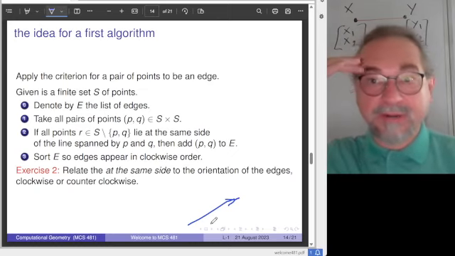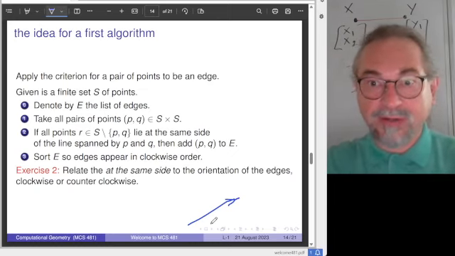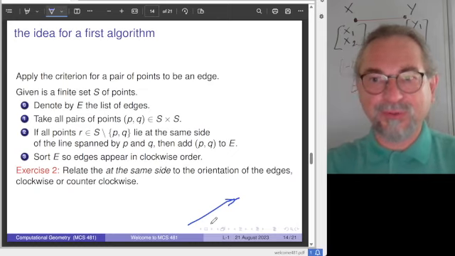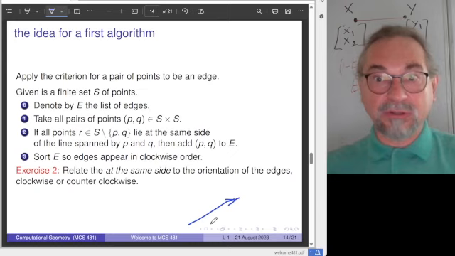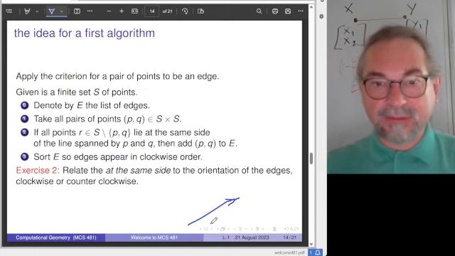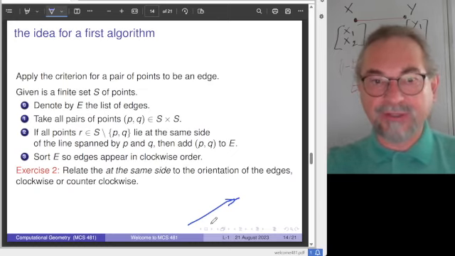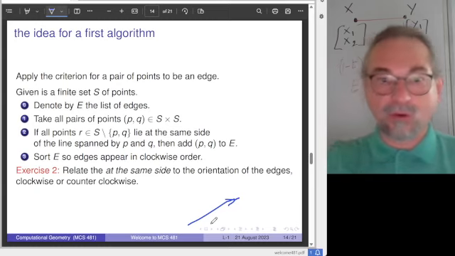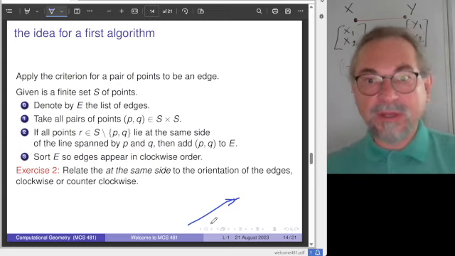One of the prerequisites is actually also vector calculus, and I hope your knowledge of vector calculus will come back. So if you look at the orientation of the edges, we oriented them clockwise in the example. So either all the points lie to the left or they lie to the right.